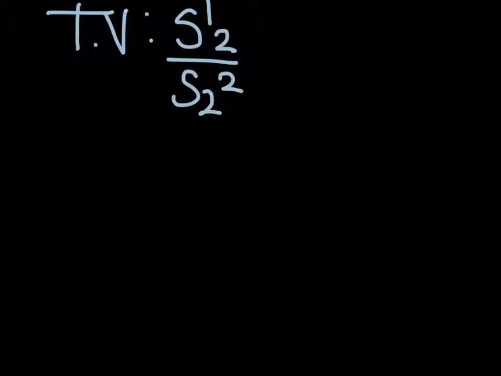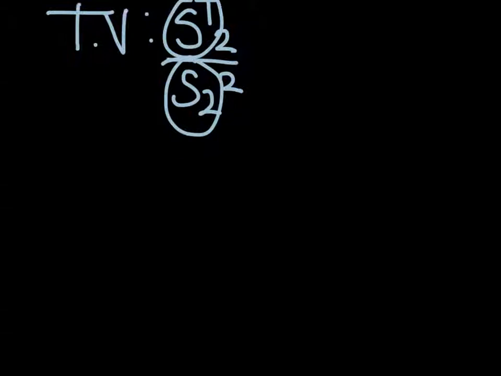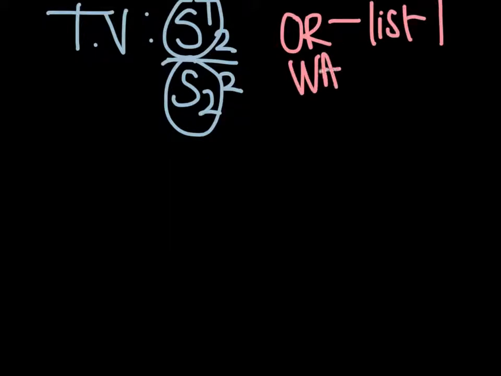So you find the test value by doing S1 squared over S2 squared. And you get the S1 and the S2 values in your calculator. But you have to put in the Oregon data values in list 1, the Washington data values in list 2.